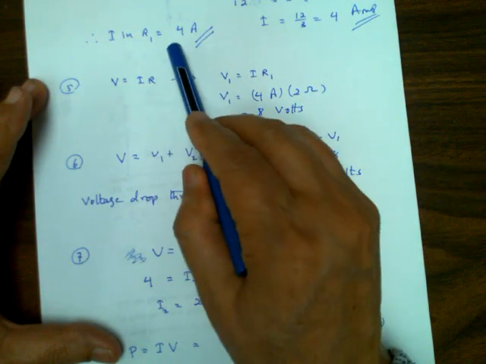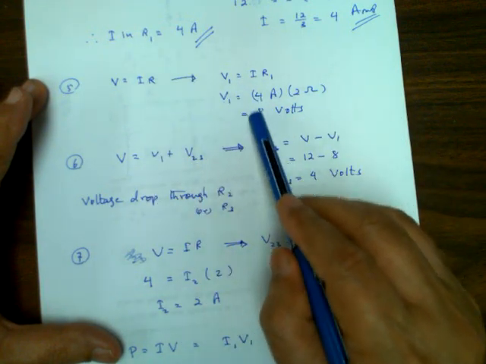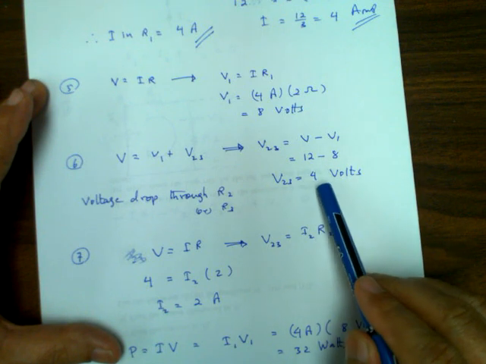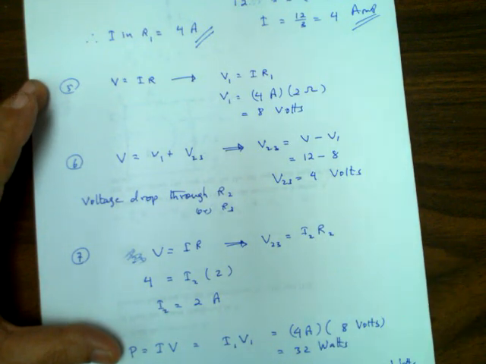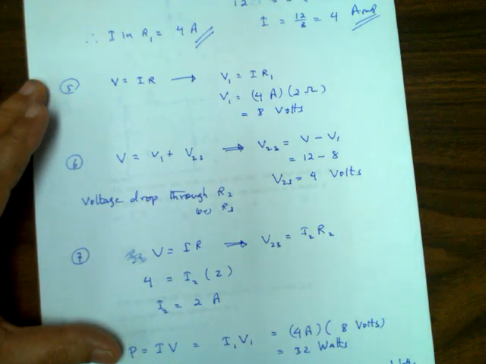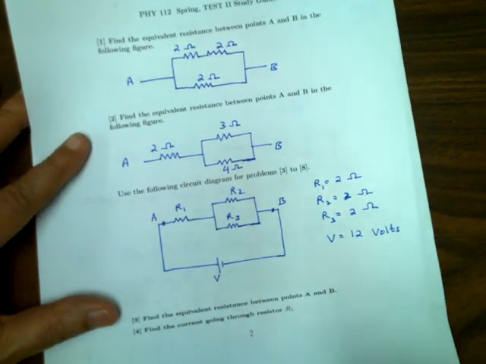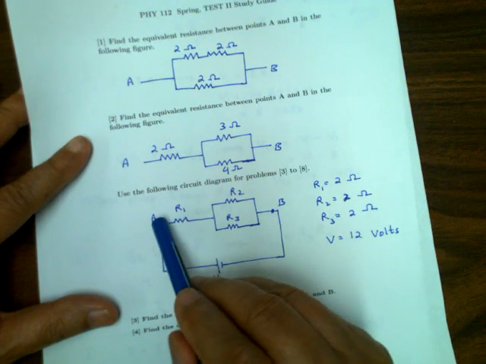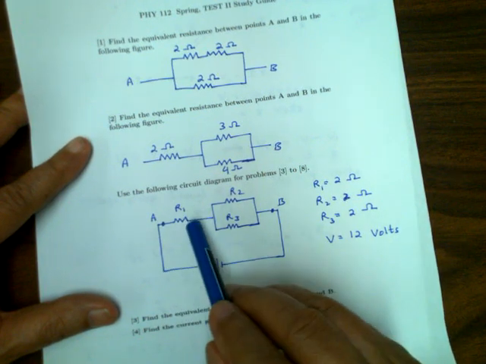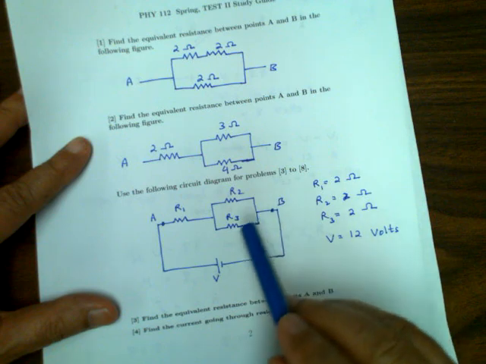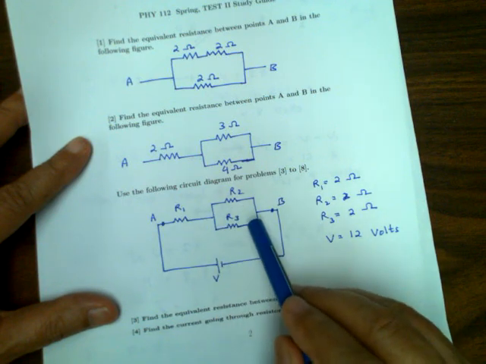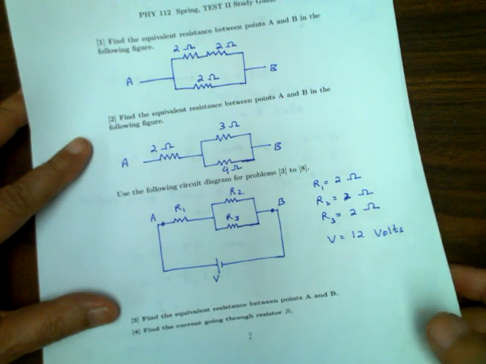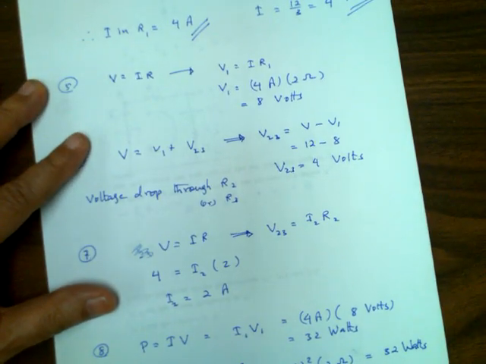V1 we just found is 8 volts, so 12 minus 8 gives V23 equal to 4 volts. What it means is that you start out with 12 volts, you go through R1 and lose 8 volts, so the voltage drop through these resistors is 4 volts, right? Okay, so it's 4 volts.